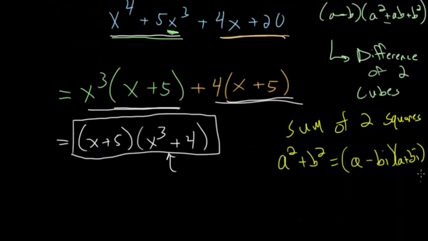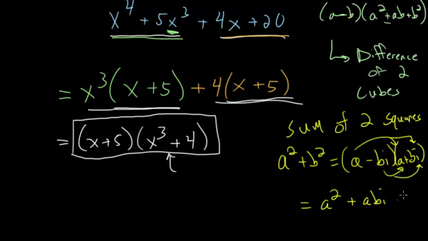And you can see that this is true because if you multiply it out, distributing the a to each of those, you'd get a squared plus abi. Then if you do the minus bi, you get minus abi. And lastly, minus bi times bi, or bi squared.